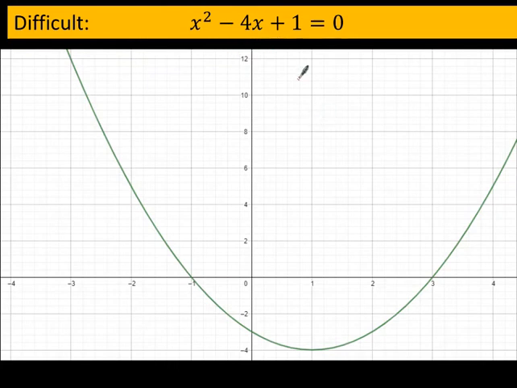So we need to somehow take this equation and modify it, and incorporate x squared minus 2x minus 3 into it. We need to change it into something that has this with it.